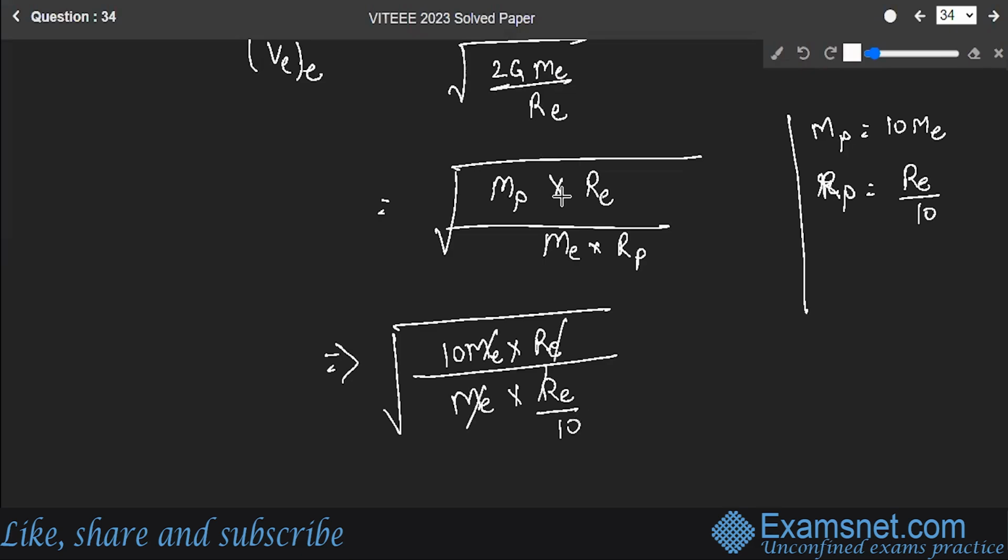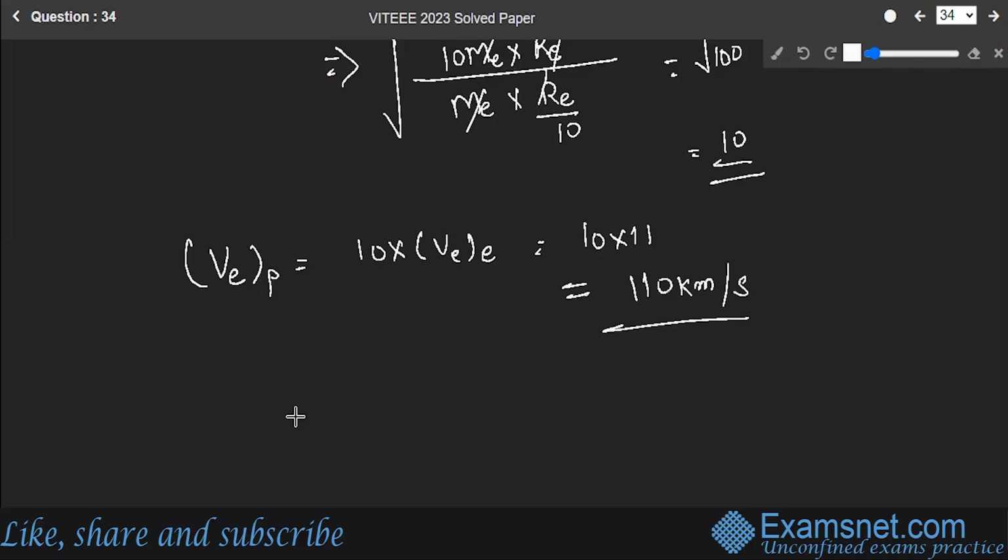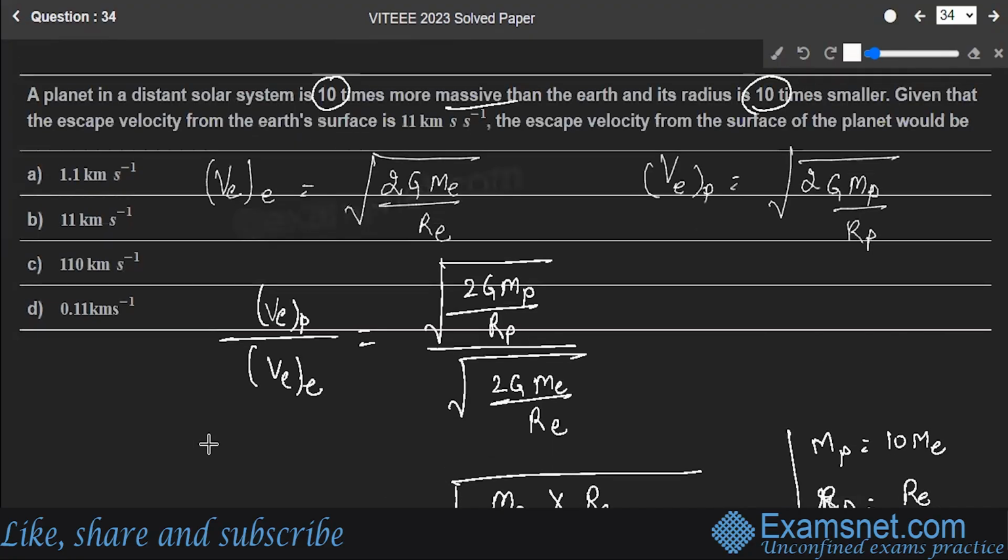Let's do the cancellations. So you will have root of 100, that is equal to 10. That means escape velocity of the planet is equal to 10 times escape velocity of the Earth, and escape velocity of the Earth is 11. This is equal to 110 kilometers per second. So that makes 110 kilometers per second. You have option C as the correct answer.